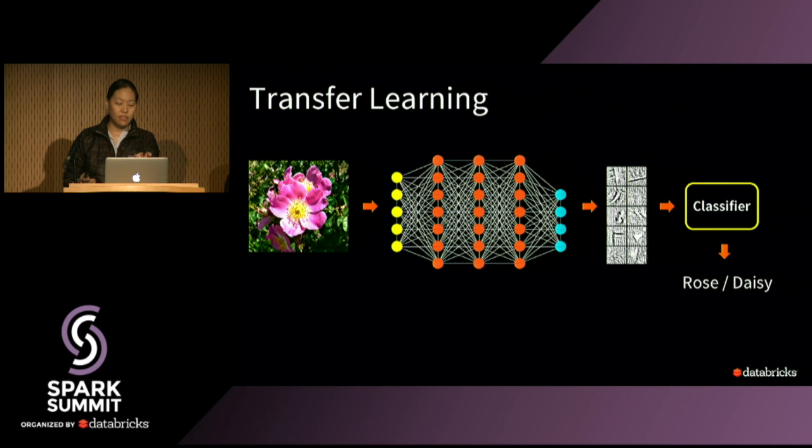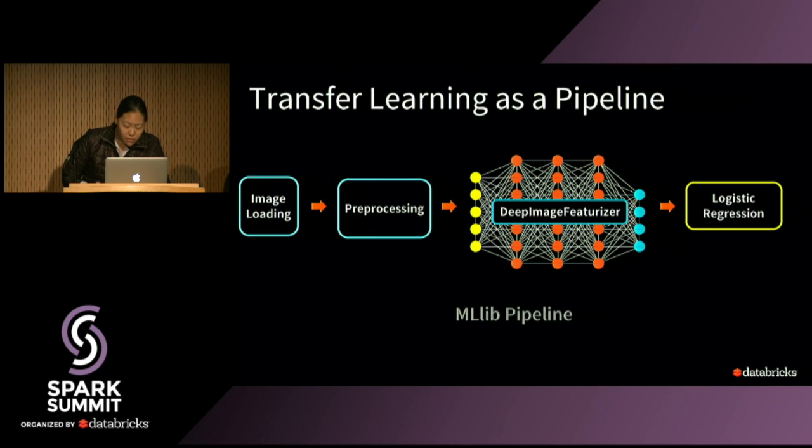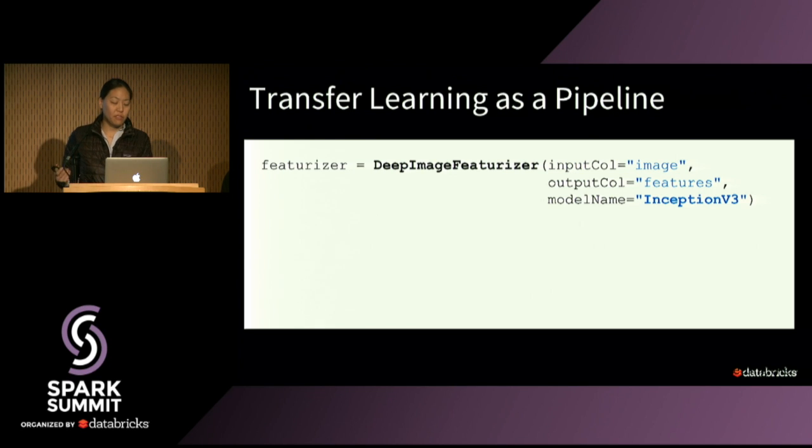for example, deep learning pipelines provides a transformer called deep image featurizer, which takes care of this layer that takes an image and then outputs a representation that's good for the image. And to think of this as a pipeline, you would have these different steps strung together. And in code, it might look something like this. You have a deep image featurizer object that you specify with the model name.